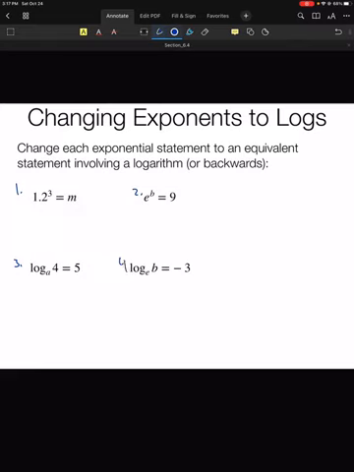We have 1.2 raised to the third power equals m. That's an exponential equation. We have a number raised to some exponent equals something. I want to change that to be a logarithmic equation.